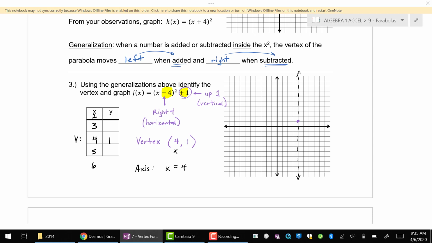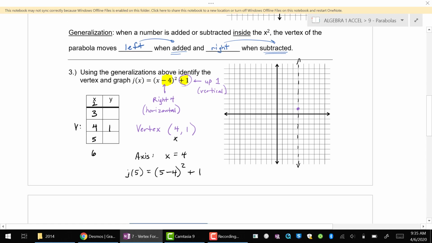So let's find what happens if I plug in 5. So j of 5 would be (5 minus 4) quantity squared plus 1. And then j of 3 would be (3 minus 4) quantity squared plus 1.